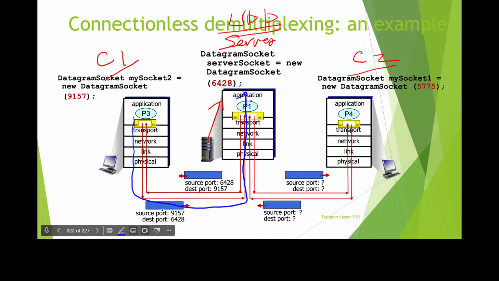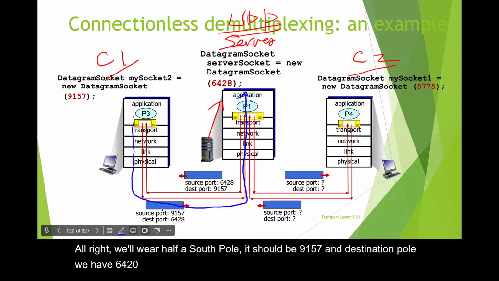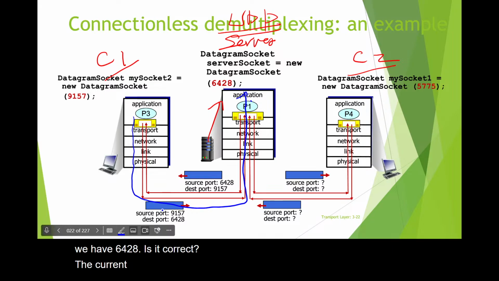But right now, I ask you to check in detail, for example, this one. The current highlighted one, all right, we will have a source port. It should be 9157, and destination port we have 6428. Is it correct? The current highlighted one, source port, destination port. And how about the upper one?